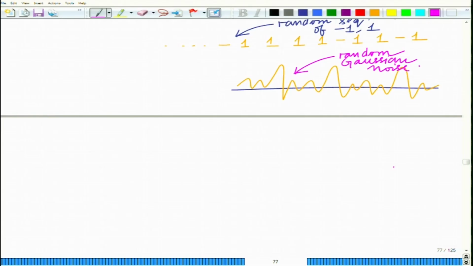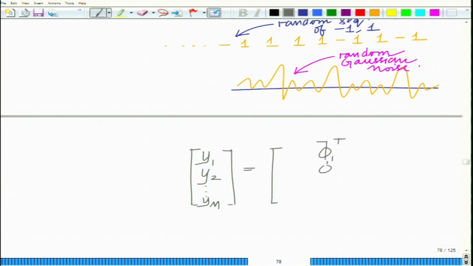So, when you are making the measurements, you have y1, y2, up to ym, which is equal to phi 1 bar transpose, phi 2 bar transpose, up to phi m bar transpose, times x bar.